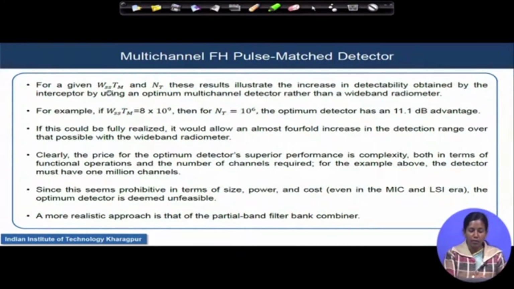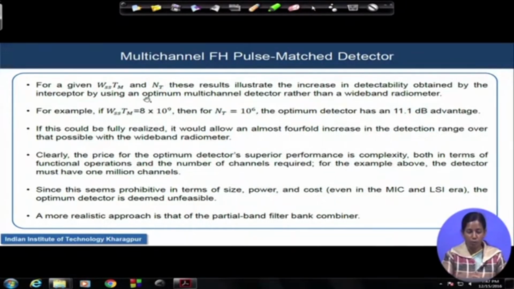For a given amount of WSS and Tm, that is the time bandwidth product, and the number of hops that you have, we can see an increase in detectability compared to the wideband filters by using an optimum multi-channel detector.